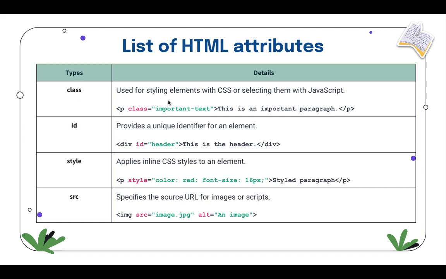The class attribute is used when we want to apply some design to the paragraph tag. What is the actual use of the class attribute? I'll define it with an example. Other than that, we have the ID attribute. We can provide an ID inside any tag, and then provide the name of the ID.